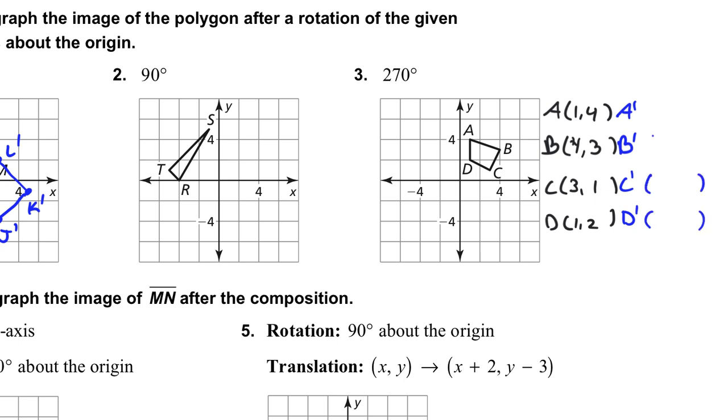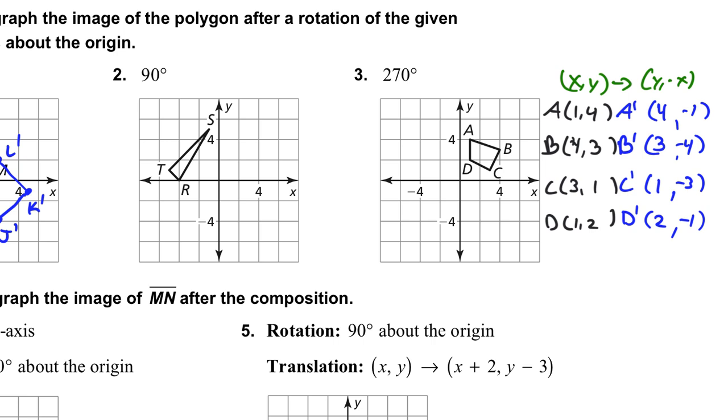We are rotating 270 degrees. The rule says if we have X and Y and we rotate 270, we're going to get Y, negative X. So I'm going to swap them, but then make the X value its opposite. So I'm going to get 4, negative 1. Then 3, negative 4. Then 1, negative 3, and then 2, negative 1.